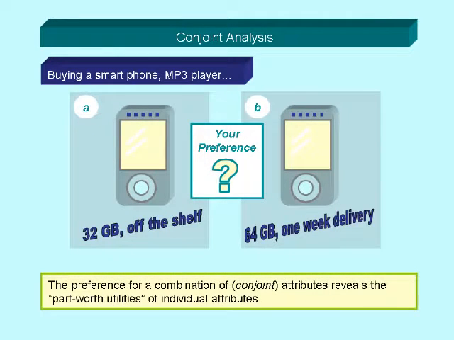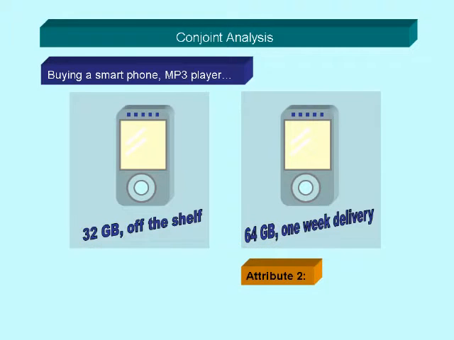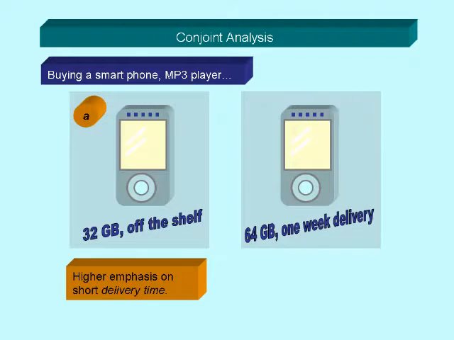Your preference for one of the alternatives will reveal the part-worth utilities of individual attributes. In our example, attribute 1 is the memory size and attribute 2 the delivery time. When you choose model A, it will show that you put higher emphasis on a short delivery time.